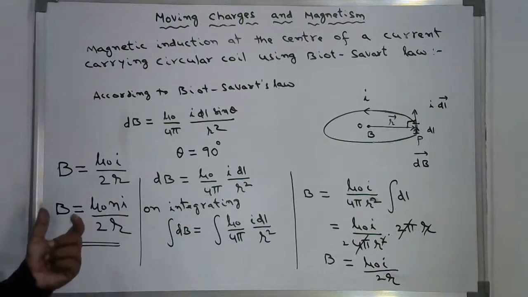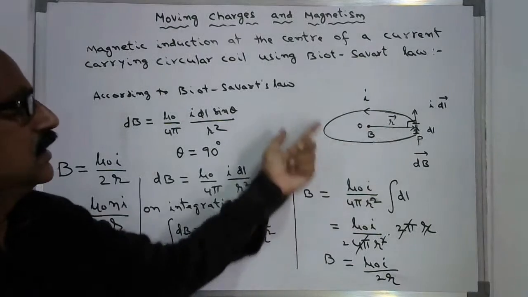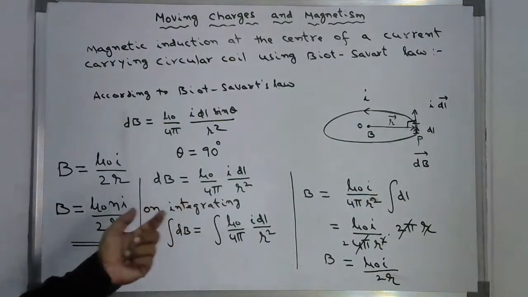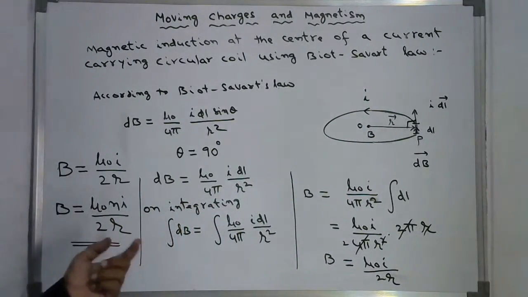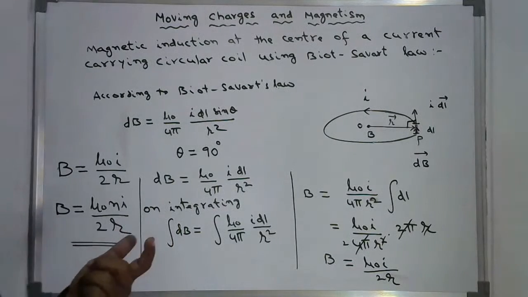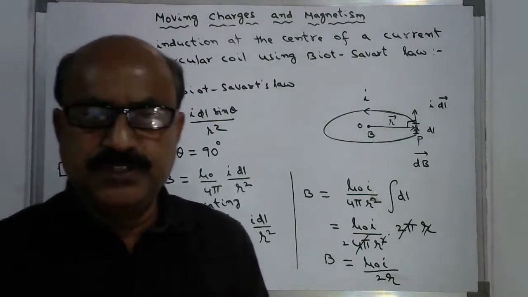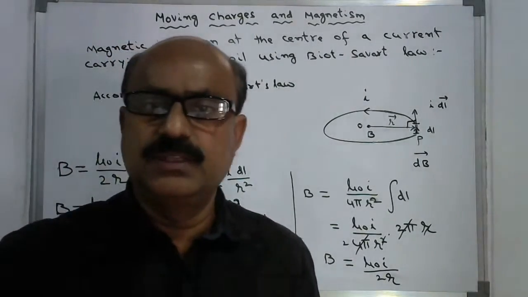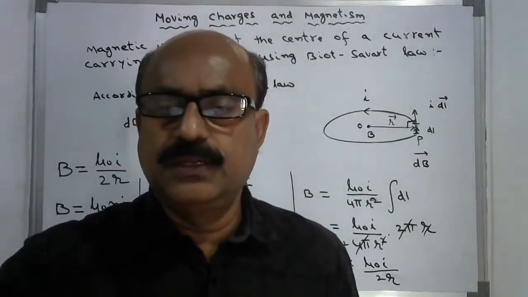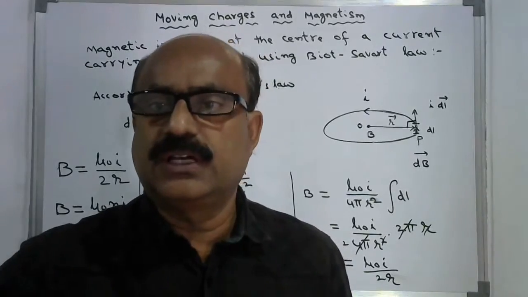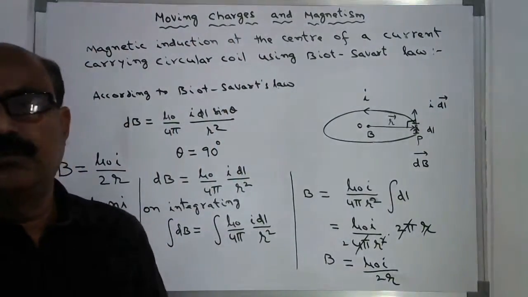So this is the magnetic induction due to a circular current carrying coil with n turns, having a radius r and current I in the coil. This is how we can determine the magnetic induction due to a current carrying coil using the Biot-Savart law.